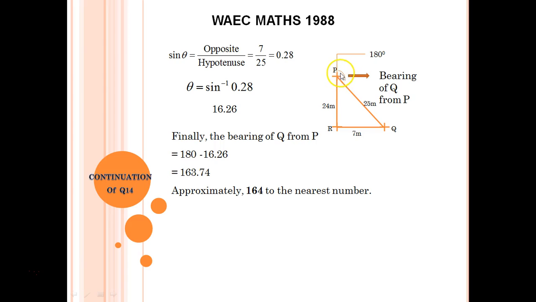So the bearing of Q from P, which is this angle here, becomes 180 minus 16.26, which is equal to 163.74 degrees. Approximately, to the nearest whole number, we have 164 degrees.